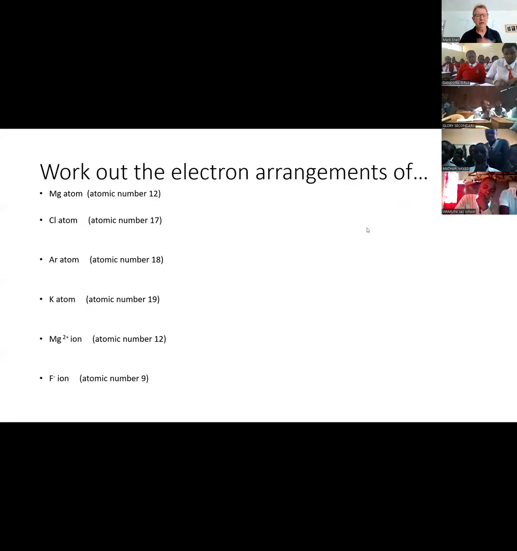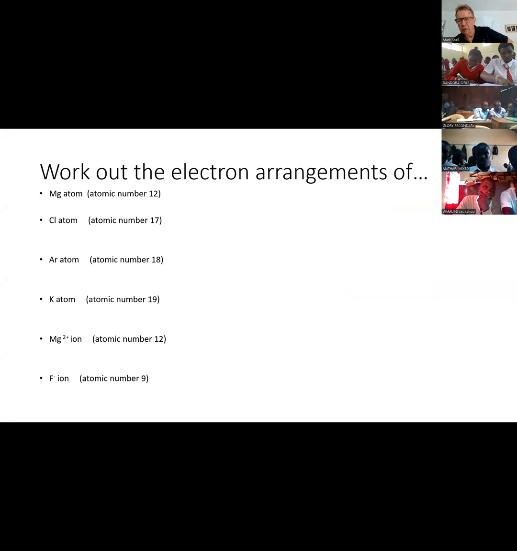So here's some now. What I'd like you to do is have a go at these just briefly, so you're doing some work. Work out the electron arrangement of magnesium, calcium, argon, potassium atoms, and the Mg2+ ion and the F- ion. Just have a go.